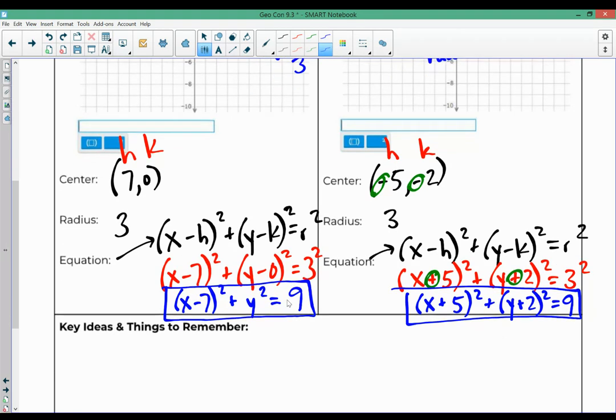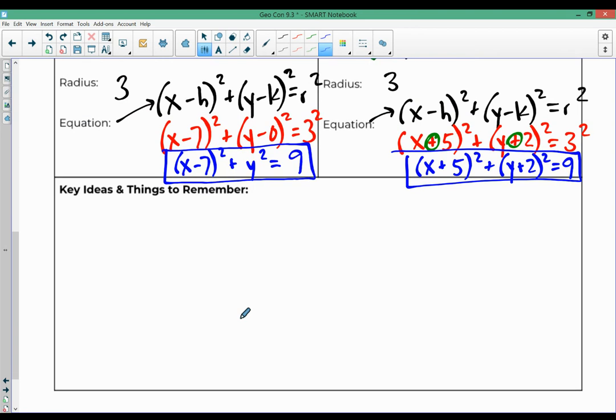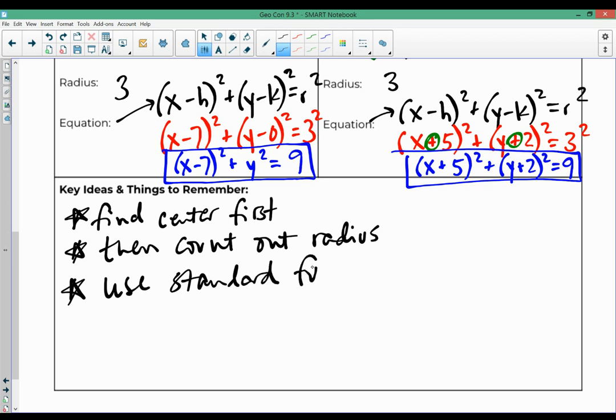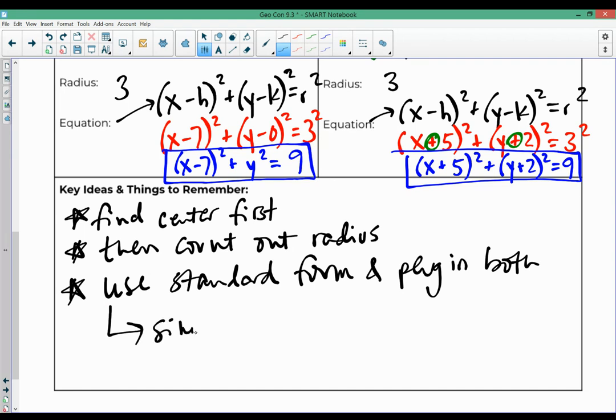Some key ideas to remember: find the center first, then count out the radius, use the standard form, plug in both the center and the radius, and simplify after that.